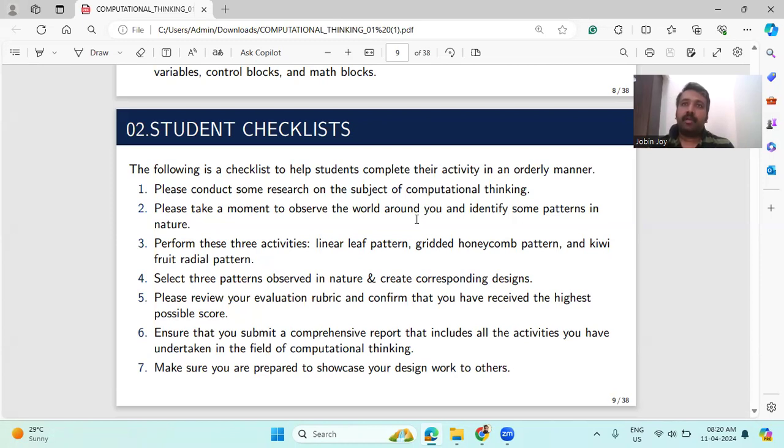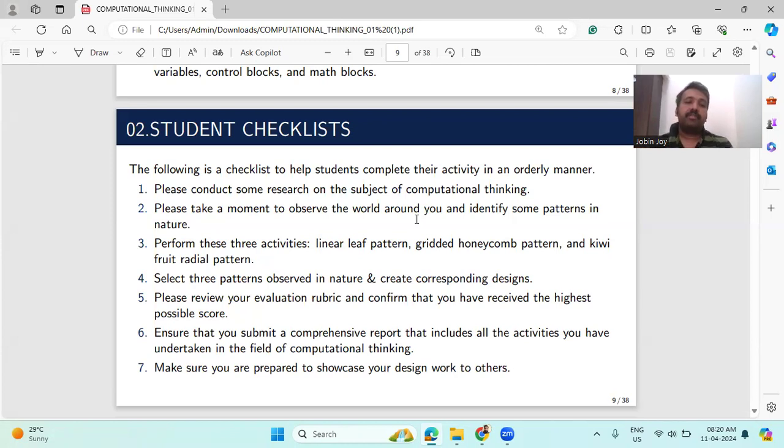So I am promoting the concept of collaborative learning so that they can share their ideas, discuss with each other, and see their friends' code blocks, how their friends are preparing the design, and how they are applying the four concepts such as decomposition, pattern recognition, abstraction, and algorithm to solve this particular activity. So it's completely promoting the concept of collaborative learning.